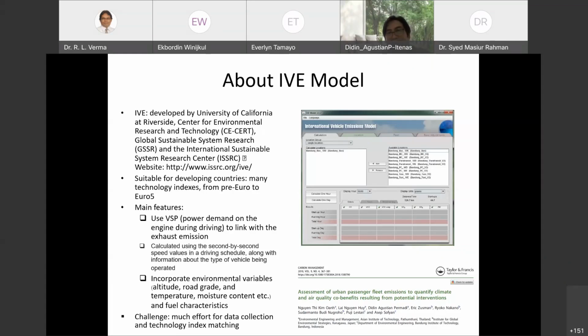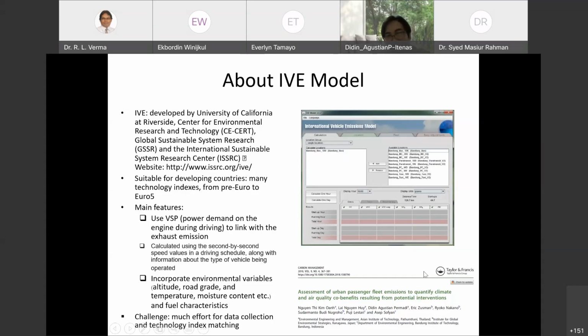So we need to conduct a GPS survey to get this data. So the challenge is the many efforts to collect the data and technology index matching, but in the tiered emission inventory, it is located as the first or the most reliable method to estimate the emission from transport.